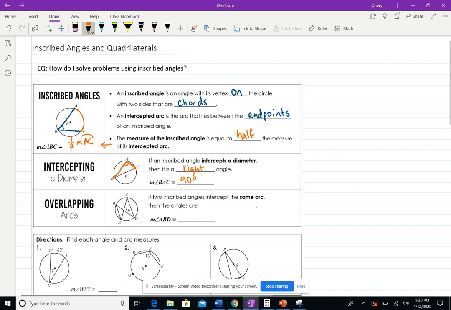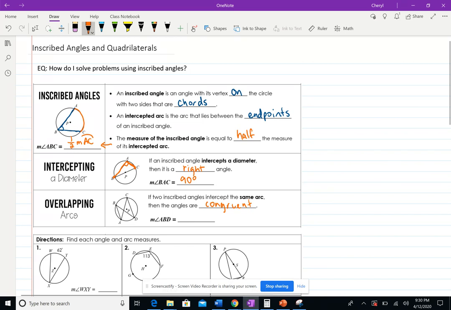How about overlapping arcs? If two inscribed angles intercept the same arc, then the angles are congruent. Okay, so I'm going to use two different colors here.